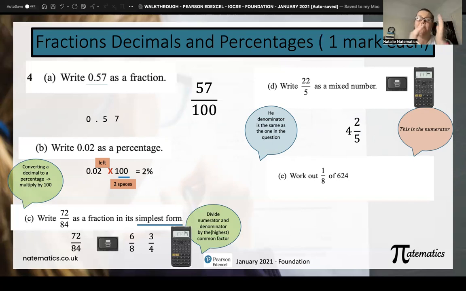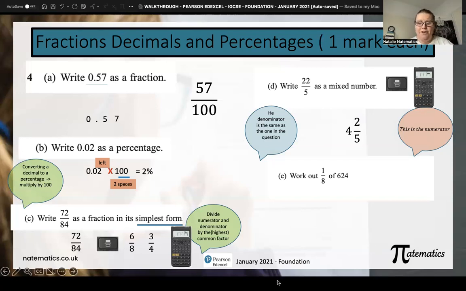So it's 1/8 times 624. But just as a quick reminder, what we're doing is splitting 624 into 8 parts. So 624 divided by 8 is 78. If we imagine a big bar worth 624, split it into 8 equal parts, you would get 78 in each one. There you go.